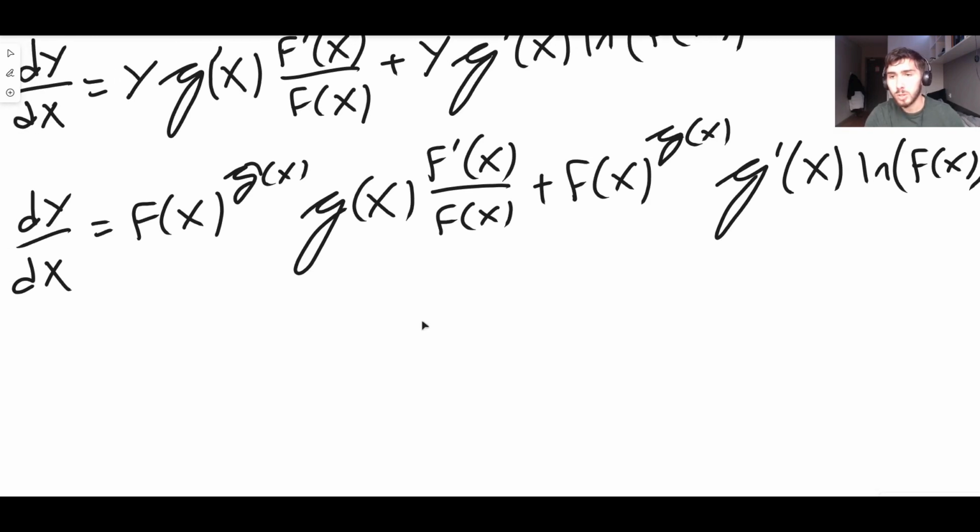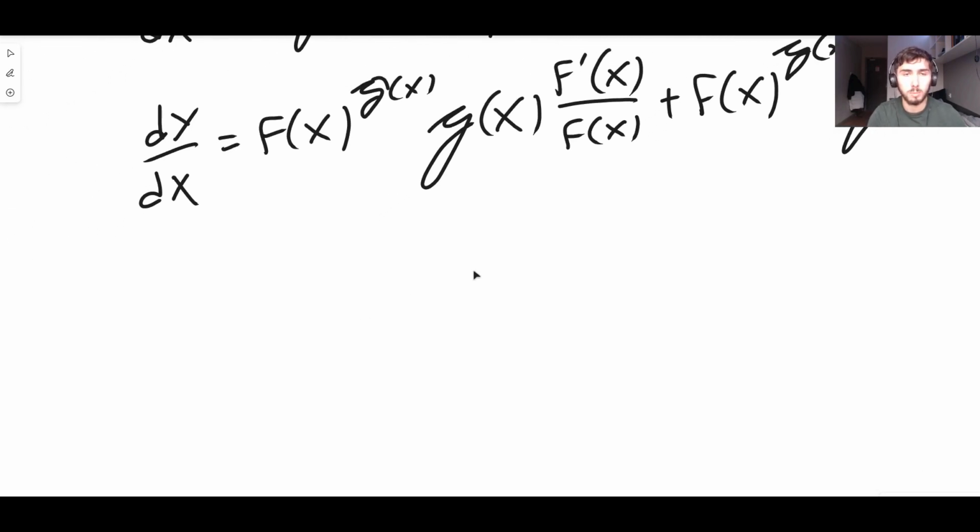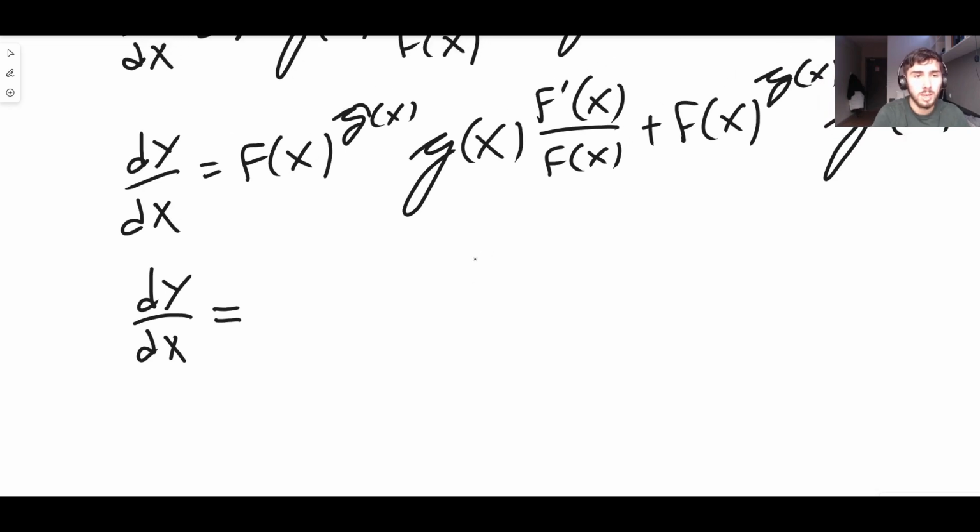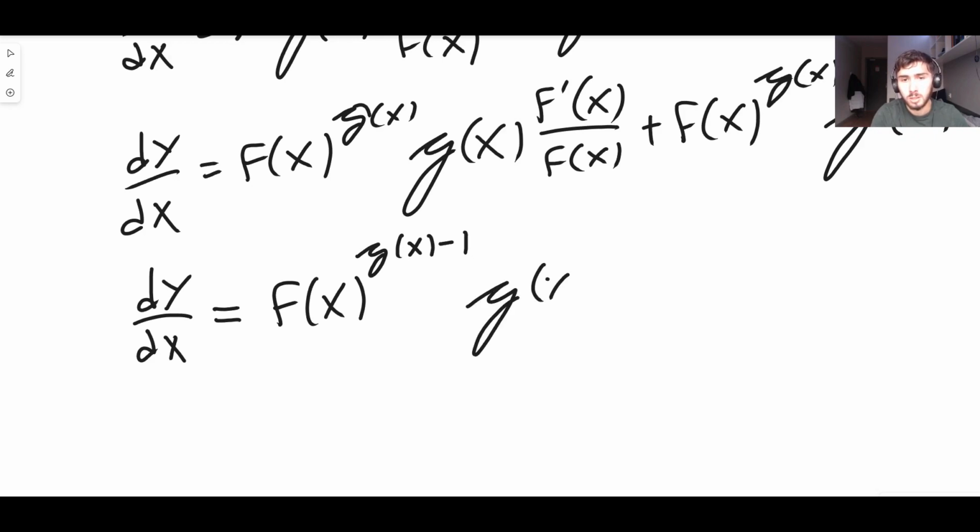Now, there's some things that you can do if you want to make this look a bit different. You don't have to do this, but we can use index laws to say, well, right here there's an f of x to the g of x, but we are dividing by f of x. So if you do want to simplify this ever so slightly, you can write this as f of x to the power of g of x minus 1 times g of x times f prime of x.